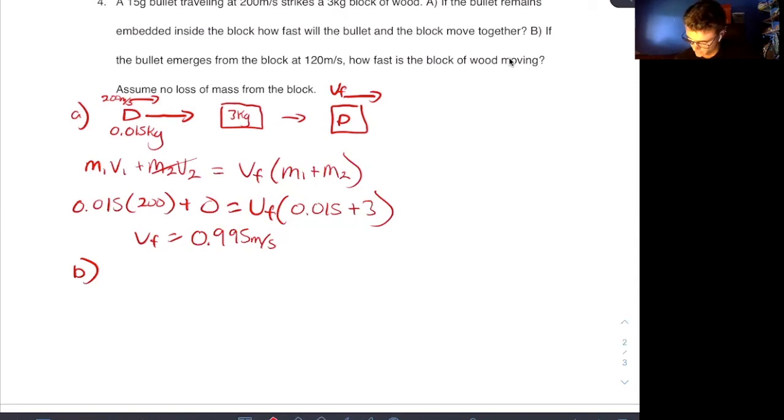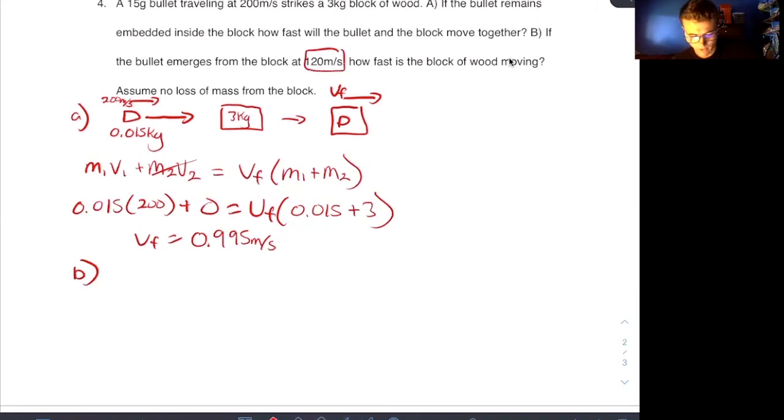So this changes our equation slightly. So we know the final velocity for the bullet is 120, right? So if we plug in all the same values, m1 v1 plus m2 v2 equals, now it's m1 v1 prime plus m2 v2 prime.